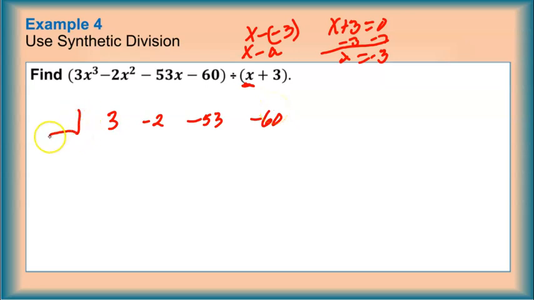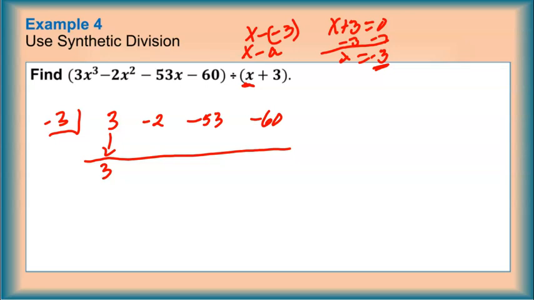And then the number I'm going to do the synthetic division with is my a, which we already found is negative 3. Okay, the first step after this is going to bring down this first number, which is going to give us 3.